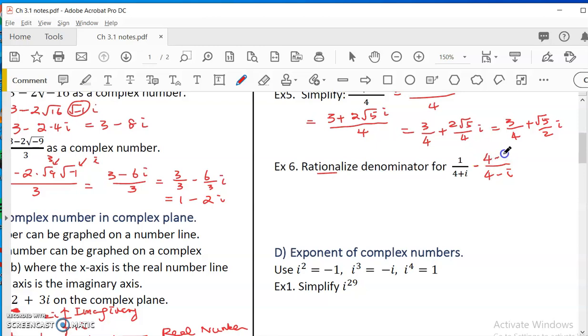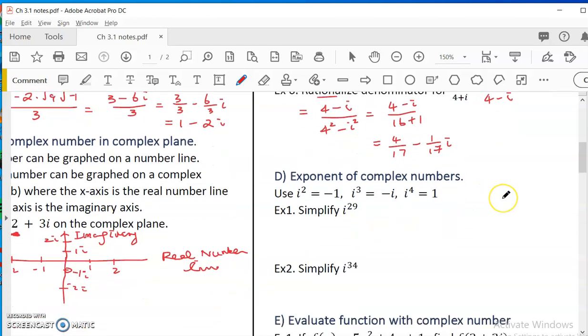So top and bottom times 4 minus i. That would equal 4 minus i in the top, with nothing else to multiply because it's 1. But the bottom is a conjugate, so it means 4 squared minus i squared. i squared is -1, so it becomes 16 plus 1, and 4 minus i over 17. So split it into 2: 4 over 17 minus 1 over 17 i. And that is a complex number with nothing in the denominator.